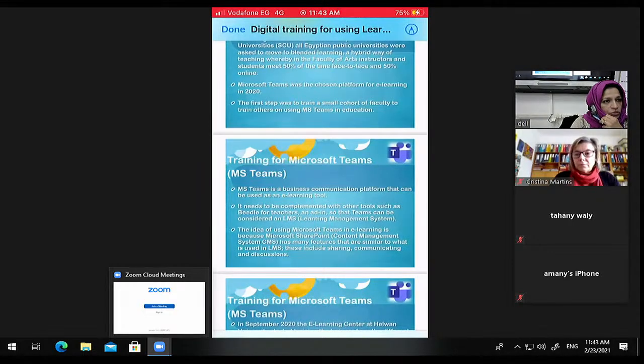Some people use it in educational aspects as an e-learning tool, but it is not a complete learning management system. It can be considered a complete learning management system with certain tools, such as Beadle for teachers. This turns it into a sort of learning management system like Blackboard and so on.